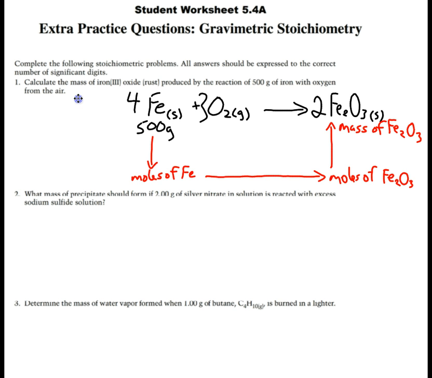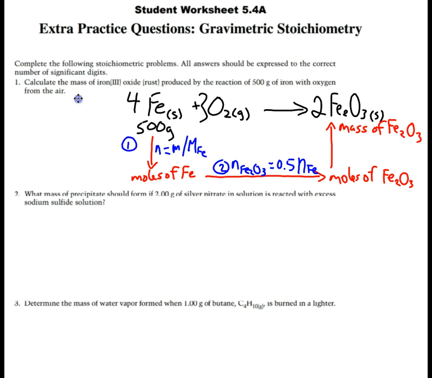So I'm going to fill in the information that I need to know. I would need to know the molar mass of iron, but again, I can calculate that molar mass of iron above the second arrow. So this is step 1. Step 2 is applying the mole ratio, which would be number of moles of my product is half the number of moles of my reactant of interest.